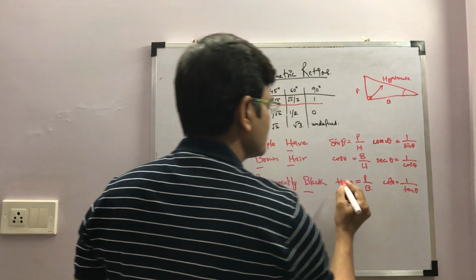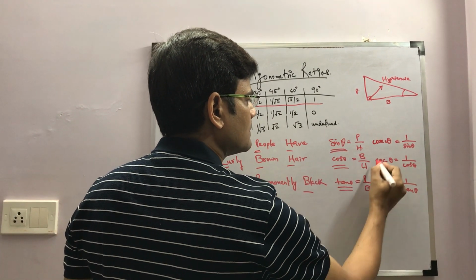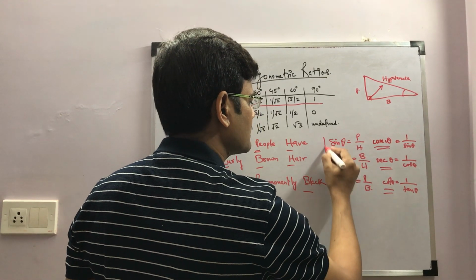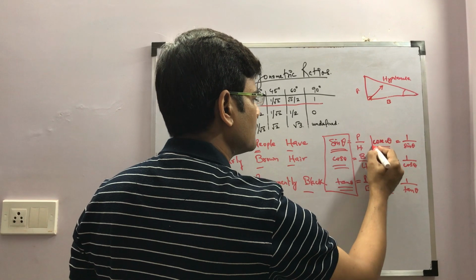So these are the 6 terminologies in trigonometry which you need to understand. That covers the entire trigonometry.